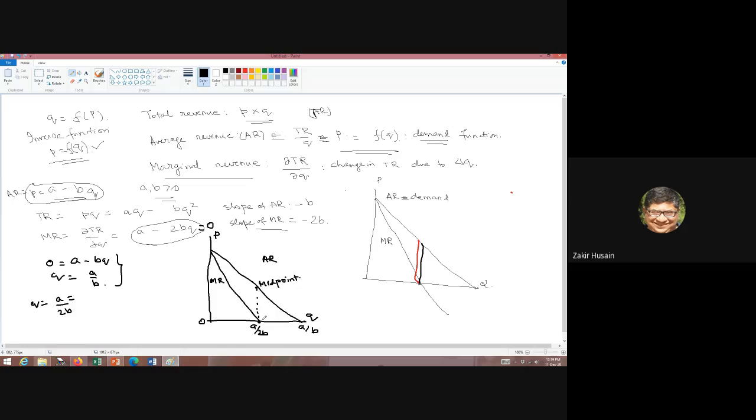So can you tell me what is the elasticity at this point, at A by 2B? Unitary elastic, 1. Obviously, because I've told you that elasticity is equal to lower by upper. What is the elasticity over here in this range?